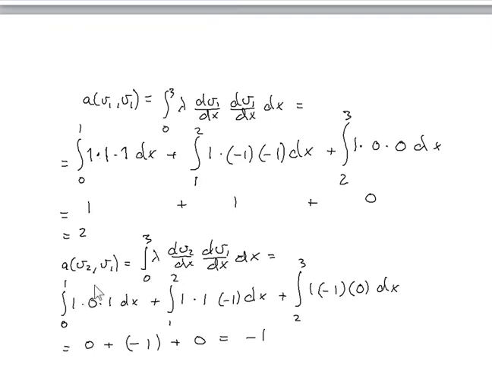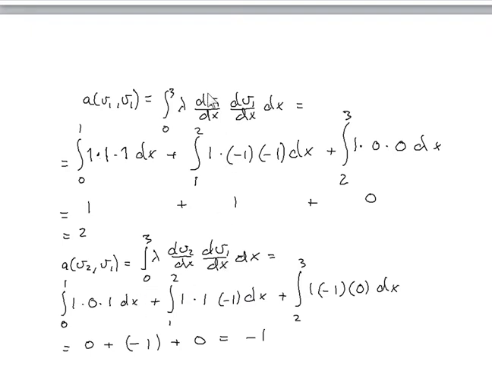And in the first integral, v1 was constant, so the derivative is 0. In the second interval, the derivative was equal to 1. So you write 1 here, and in the last interval the derivative was minus 1, and so on.